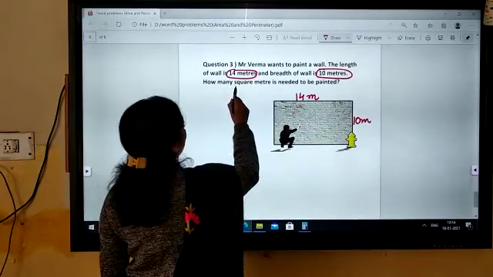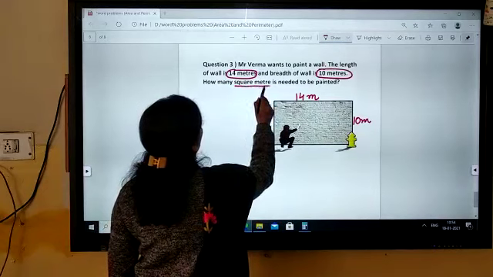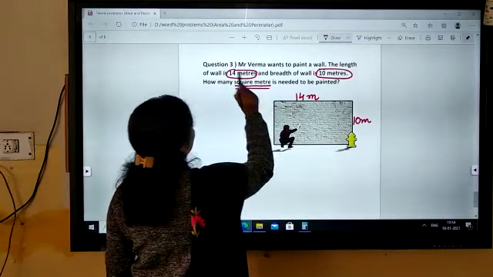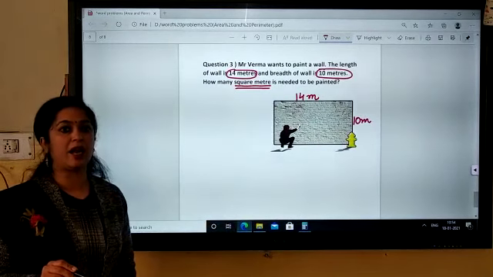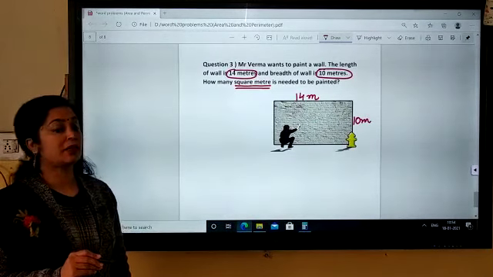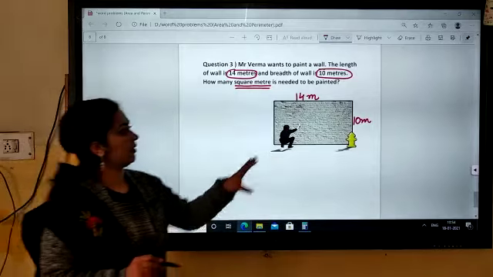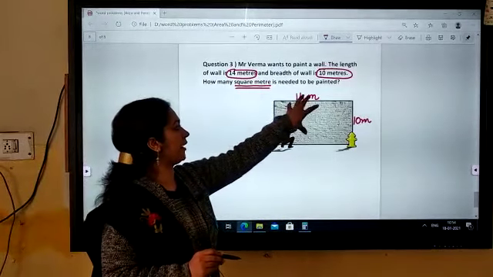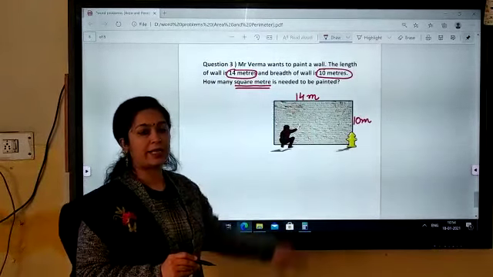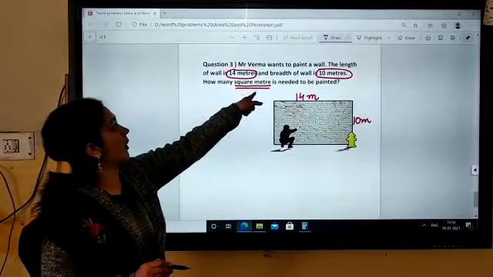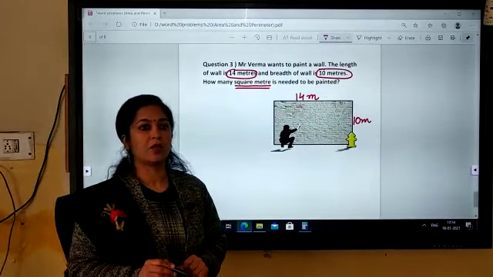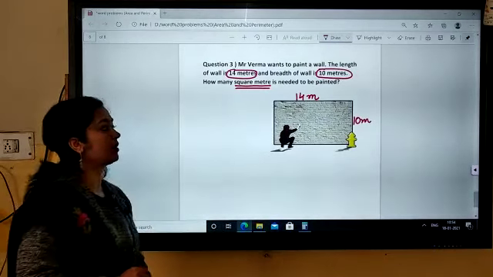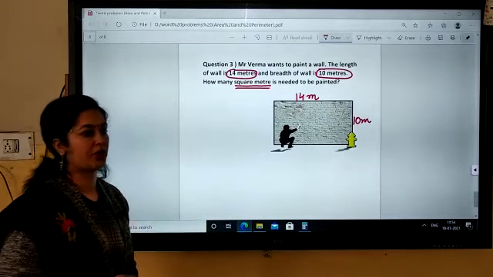And the hint is how many square meters. And we have already discussed this hint in area hints. Means two things are clear. First, we want to know the space enclosed within the wall. And second thing is square meter. That is the hint already given. So we will find out the area in this question.